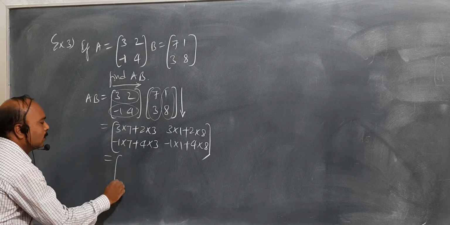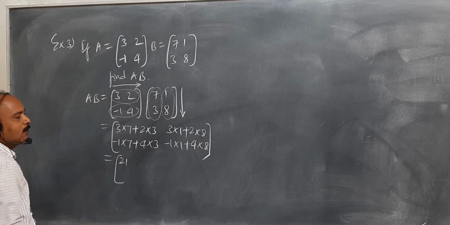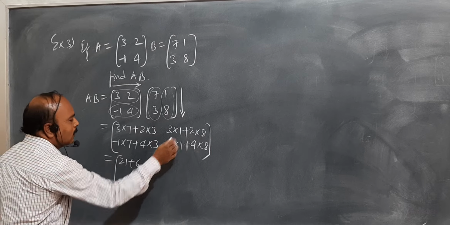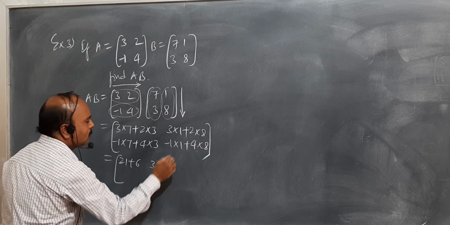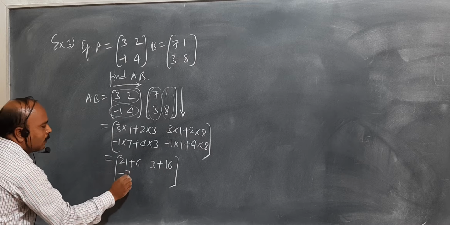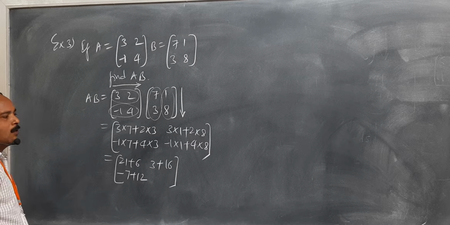So you get 3 into 7 is 21, plus 6 is 27. Here 3 into 1 is 3 plus 16, that is 19. Minus 1 into 7 is minus 7 plus 12 is 5.